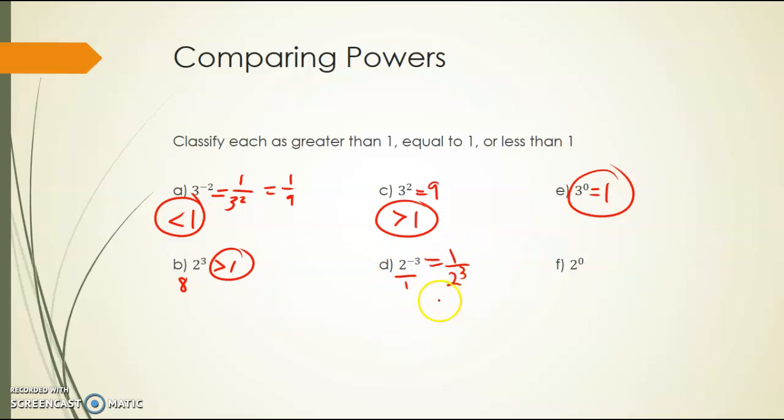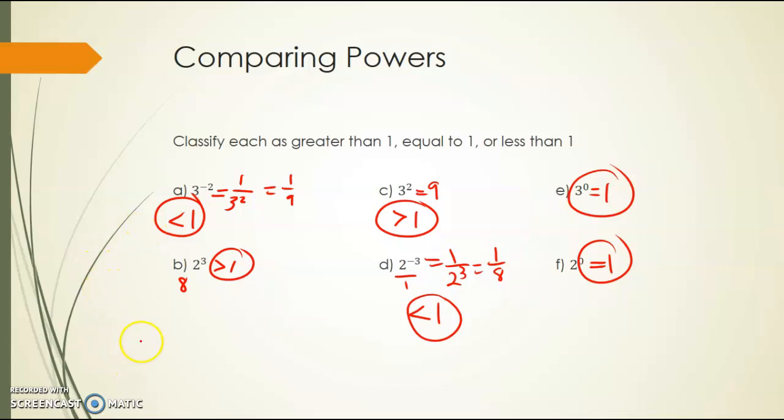And because it's done that, this is now less than 1. More specifically, this is 1/8. And then anything to the 0 power equals 1, so here it equals 1. And so that's the extent of your comparing powers in your homework.